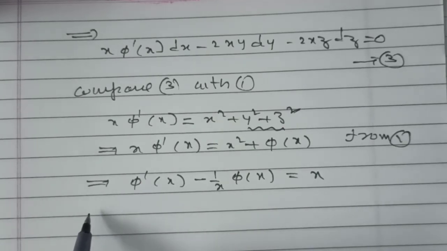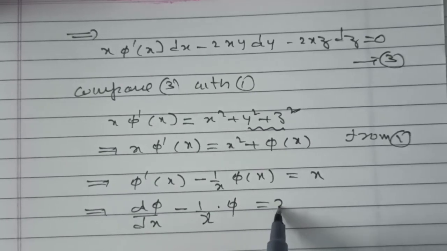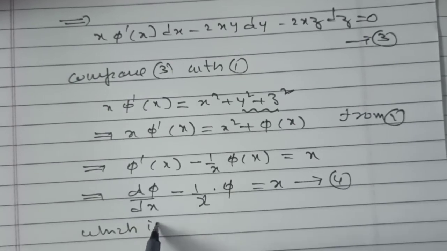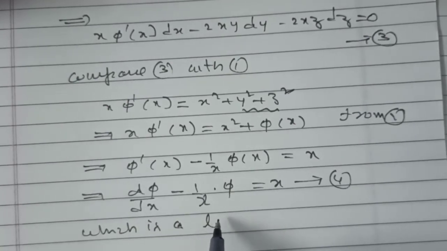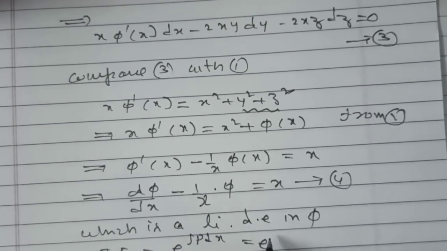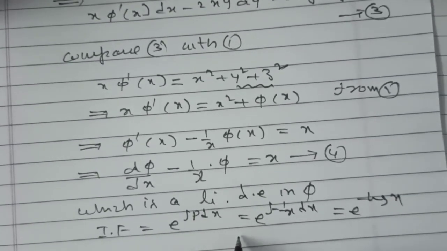This is nothing but d phi by dx minus 1 by x into phi is equal to x, which is a linear differential equation in phi. So that IF is equal to e to the power of integral p dx, which is e to the power of integral minus 1 by x dx, equal to e to the power of minus log x, is equal to 1 by x.